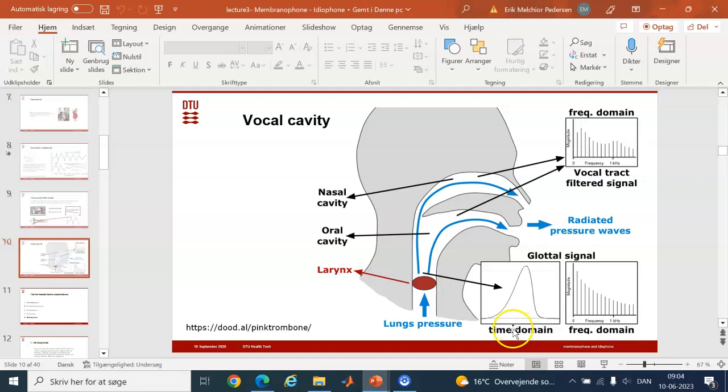We see the time domain here, and the magnitude as a function of the frequencies. And we have a vocal tract here, filtered signal, and the frequency domain here, magnitude of the frequencies.